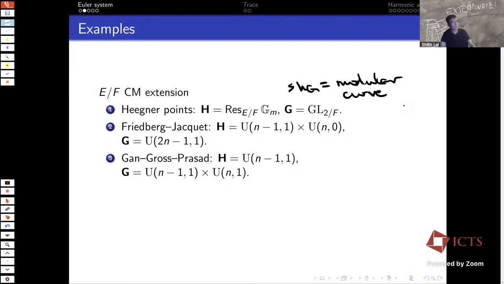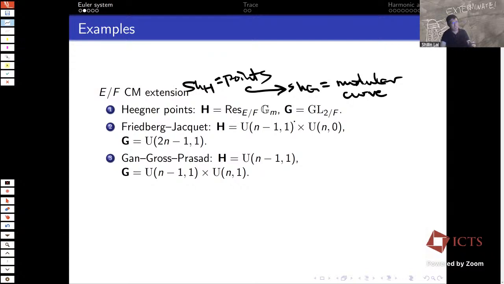Okay, I will make that correction. And here H is basically a torus, a non-split torus. So its Shimura variety is just a bunch of points. And this embedding of Shimura variety H into Shimura variety of G has image CM points on the modular curve. And those were classically used by Heegner to construct points on the modular curves and the elliptic curves.